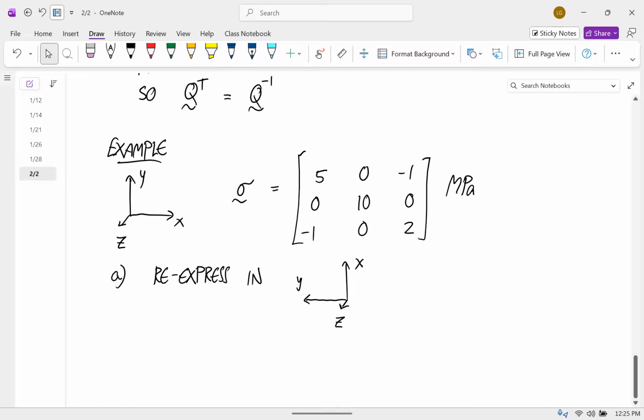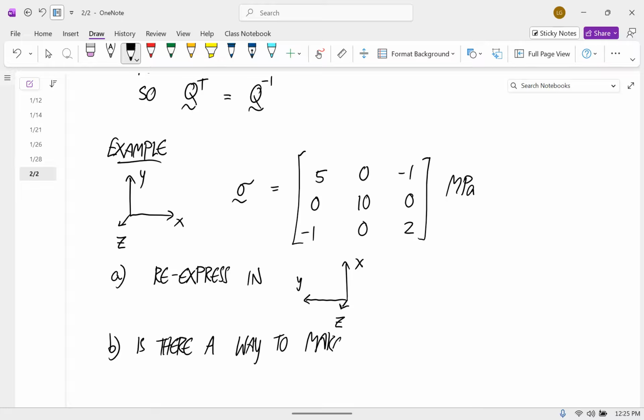And then, is there a way to make physical sense out of this, intuitive sense?